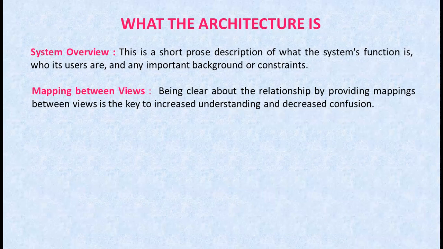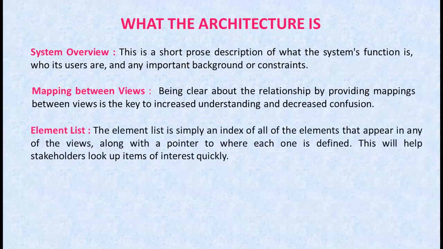This helps a reader of the documentation to understand the relationship among the views and will give him a powerful insight into how the architecture works as a unified conceptual whole. So being clear about the relationships by providing the mapping between the views is the key to increasing understanding and decreasing confusion.